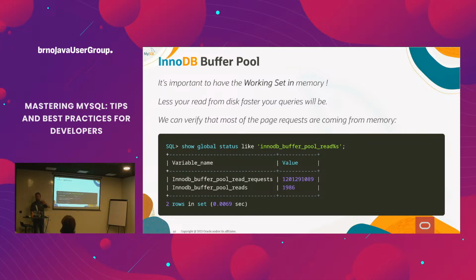It's just checking a global status variable, and it will tell you how many times we asked to read data, how many times we read it from the buffer pool, and how many times we had to read it from disk. As you can see here, the ratio is quite good. We don't read a lot from disk, so we have no issue.